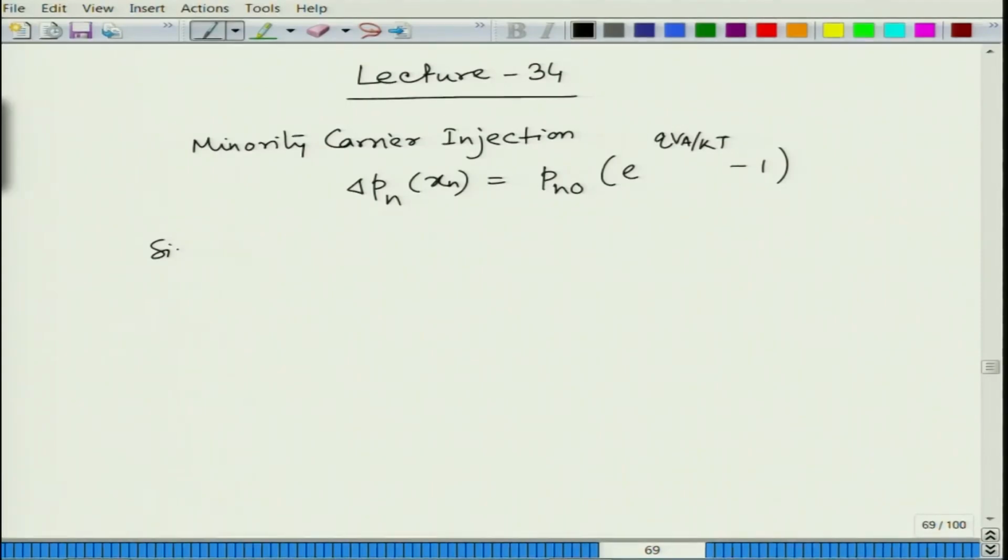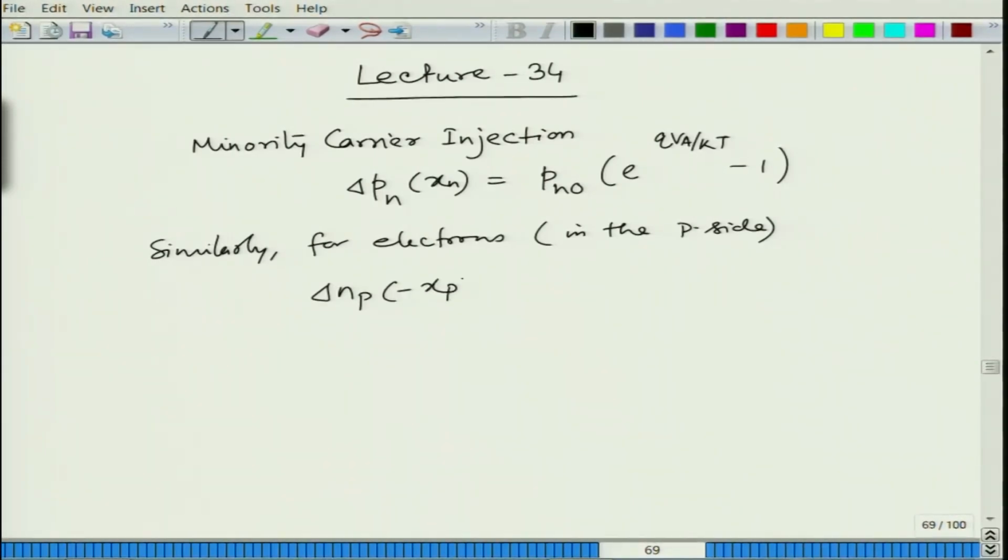And similarly for electrons, which are the minority carrier in the p side, we will have this del n p, and the space charge region edge in the p side is minus x p. So, that will be n p naught exponential q V a over k T minus 1.